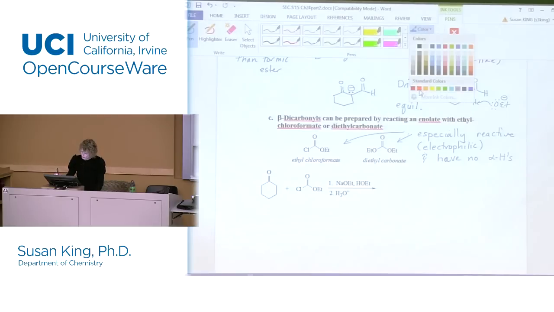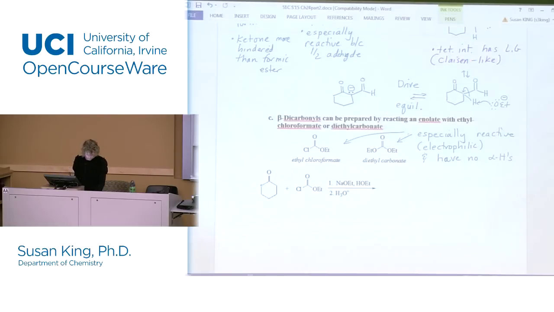So we're going to form the enolate here. I'll just do it on this side here. Enolate forms here. And the ethyl chloroformate, no enolizable hydrogen.